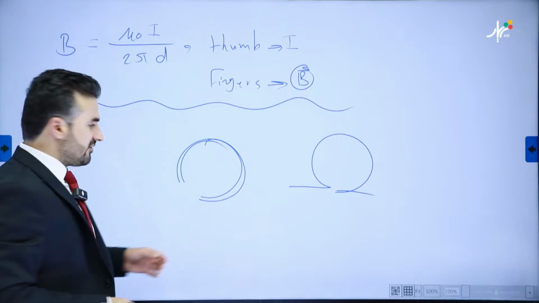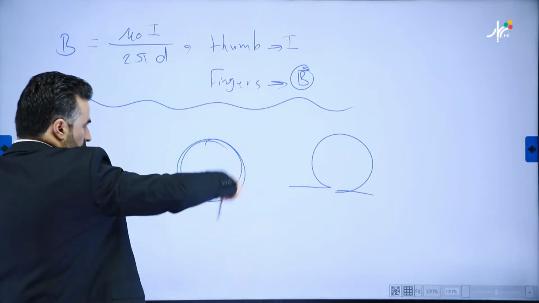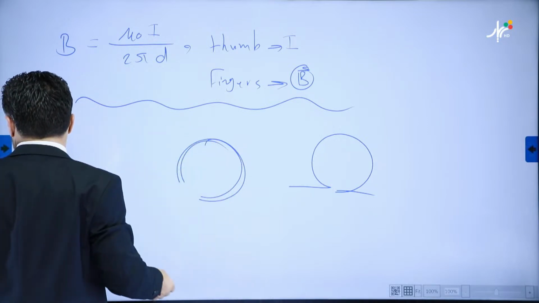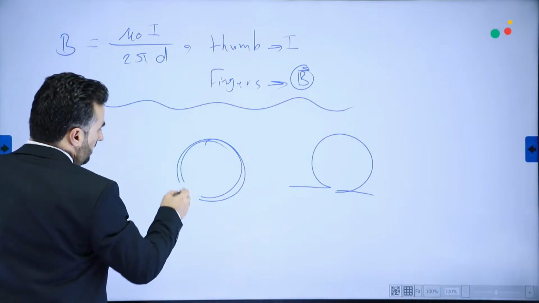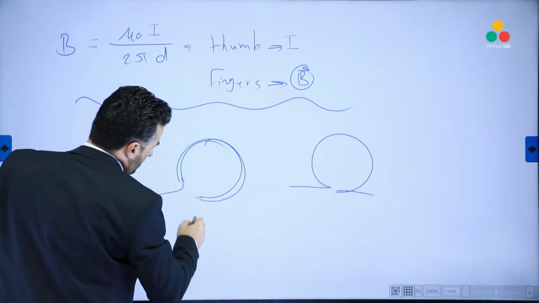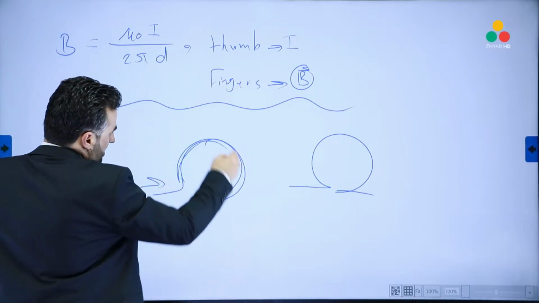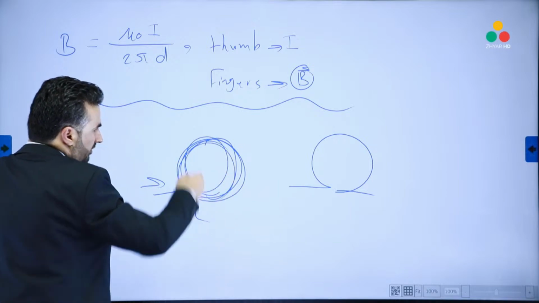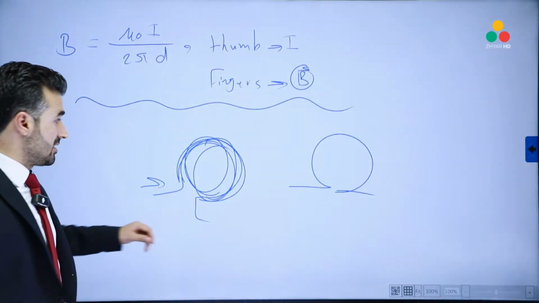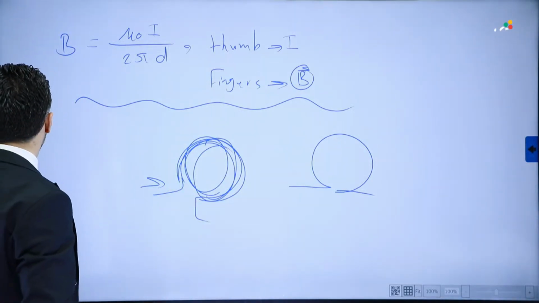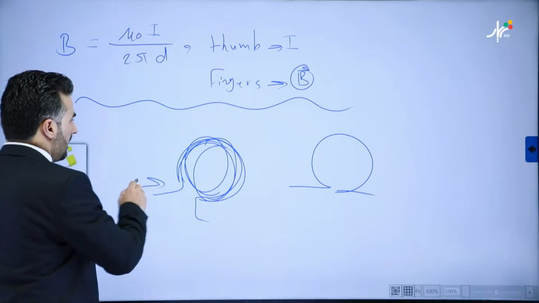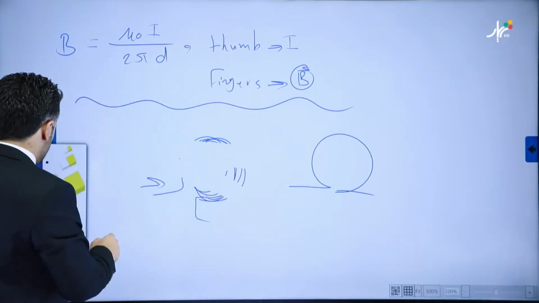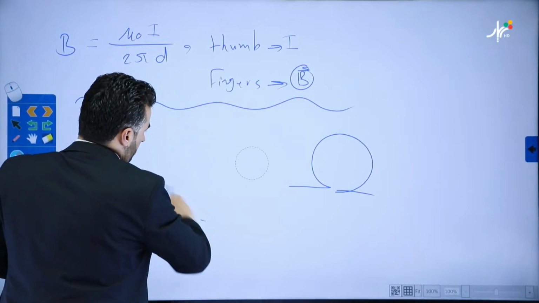We can have n turns of coil. It could be 1 turn, 2 turns, 3 turns, it doesn't matter. This is into, and this is out of. That is very messy, so let me erase this using a bigger one.